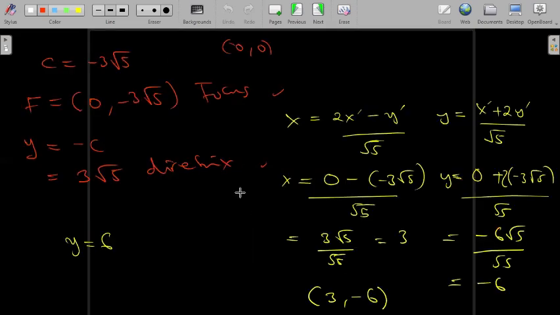So this is the previous slide. Remember, the reason why we changed our axis, we did a kind of rotation of axis. We were in the xy plane, then we changed to looking at another plane, the x prime, y prime plane.